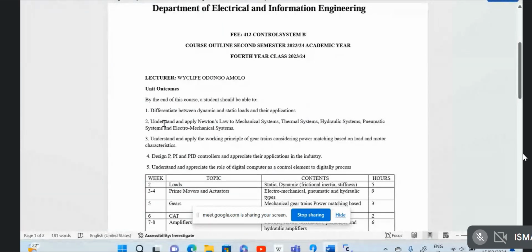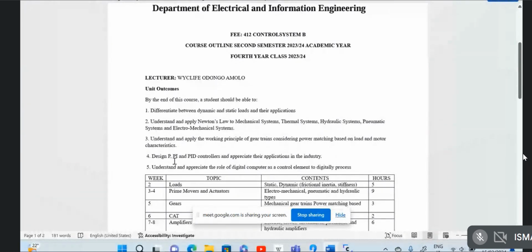You should be able to understand or be conversant with Newton's law as applied to mechanical systems, thermal, the heating, and the hydraulic, pneumatic, and the electromechanical systems. Understand and apply the working principle of gear trains, considering power matching based on load and motor characteristics.